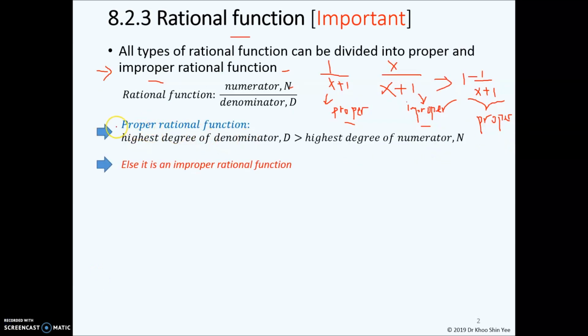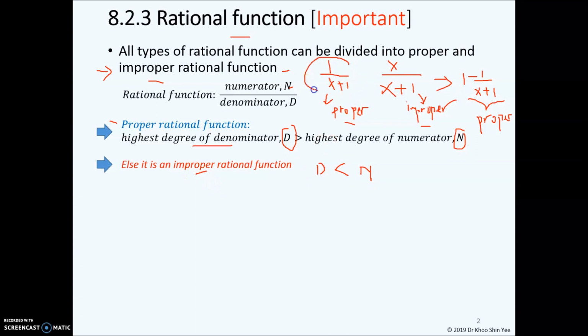This is the definition for the proper and improper rational function. If the highest degree of denominator d is greater than n, then it will be proper. If d is less than n, then it will be improper.